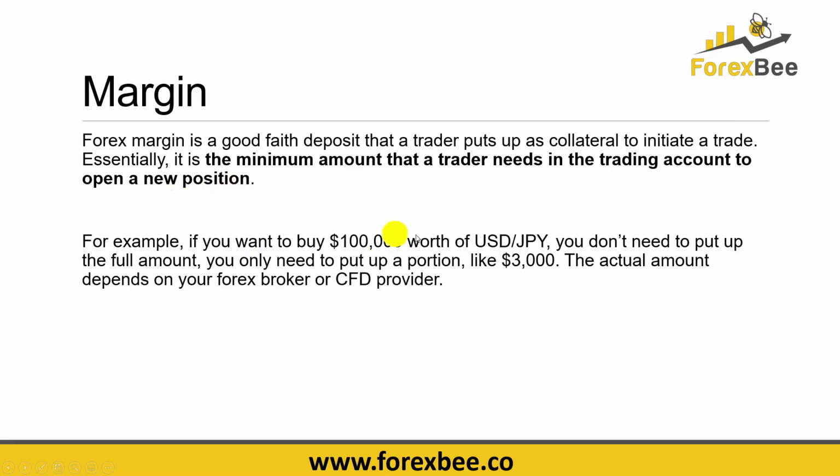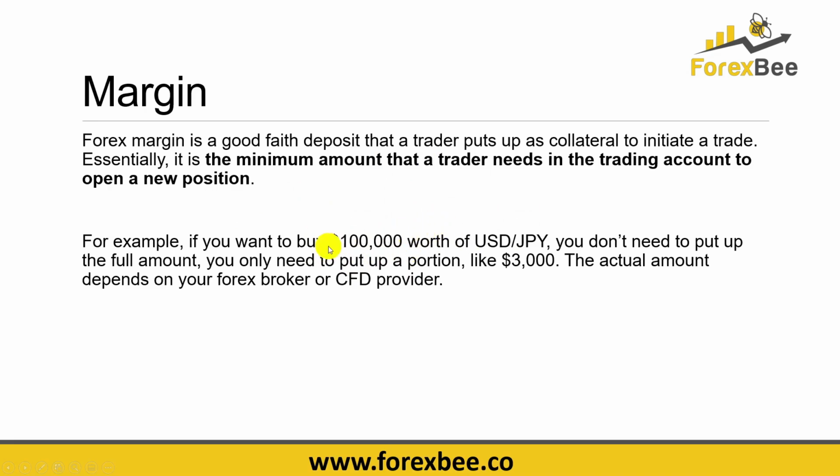So let's say you want to buy $100,000 worth of the USD JPY pair, okay? Now you might think that you need to put $100,000 in your account. That's not correct, because all brokers offer some leverage, okay? And you can use that leverage to take these trades.